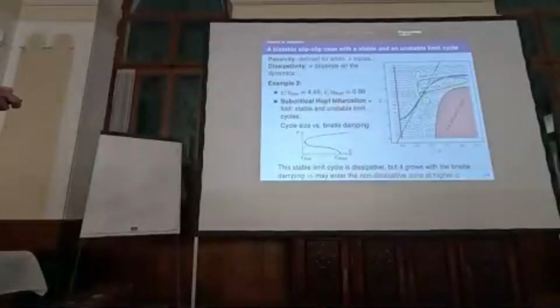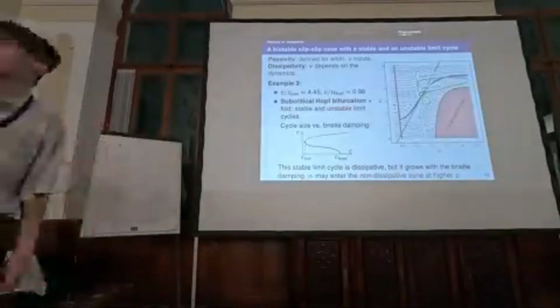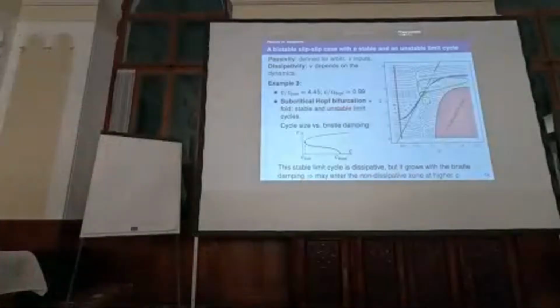Near the stable solution, we have an unstable limit cycle. There is an even greater stable limit cycle around it. Although it does not enter the non-dissipative zone, it is not far from it, so it can already be a dangerous situation.